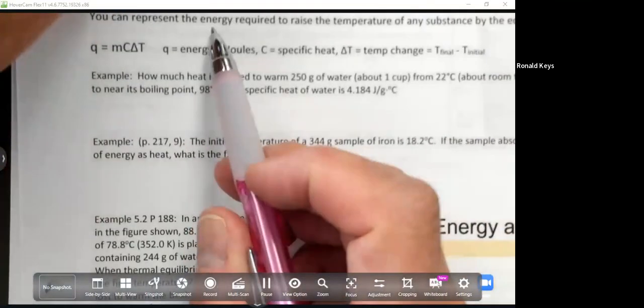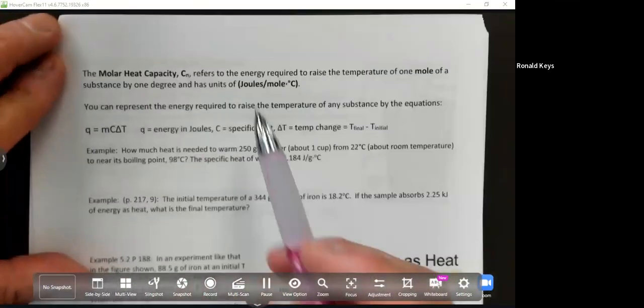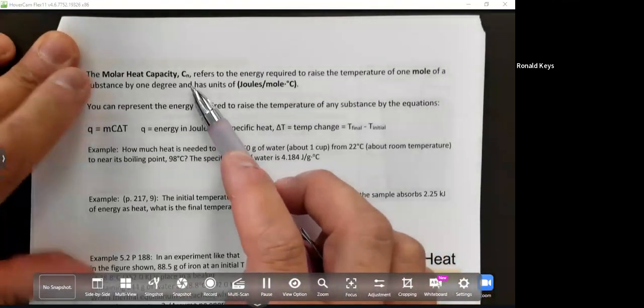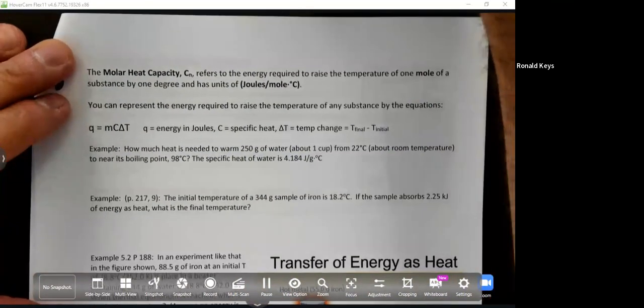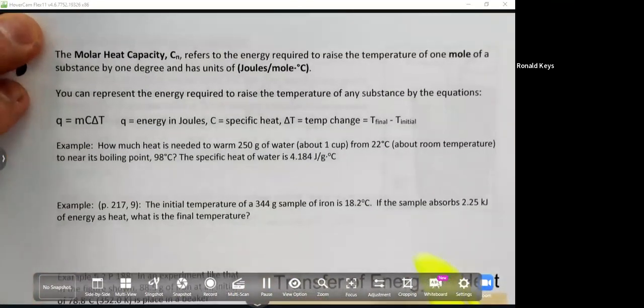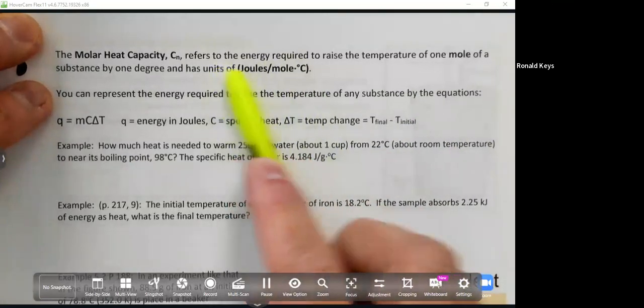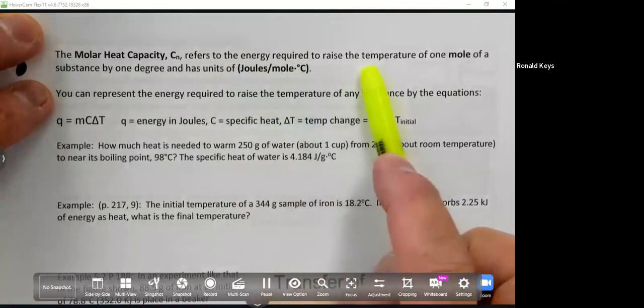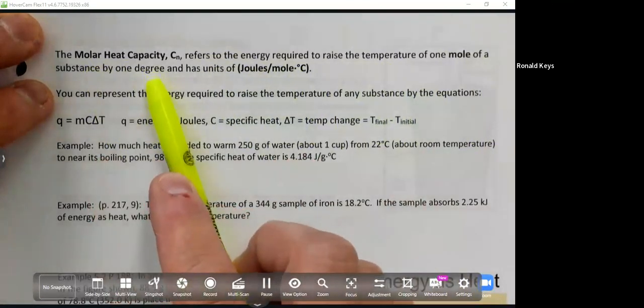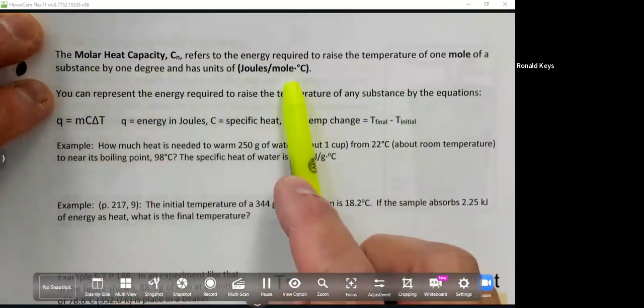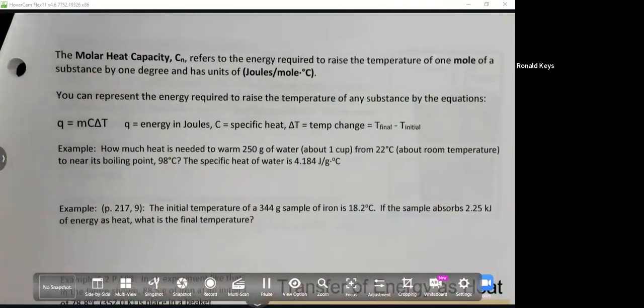And then there's molar heat capacity. It seems like OWL does some problems with molar heat capacities, but typically that's not used that much. That's the heat energy required to raise the temperature of 1 mole of the substance by 1 degree Celsius. Again, it's for a mole.